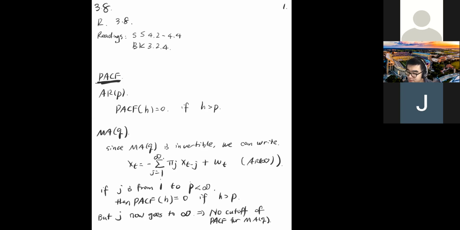So that's the result. For the AR(p) model, we know the PACF cuts off at order p, but unfortunately for the MA(q) model, we cannot find a cutoff for it.